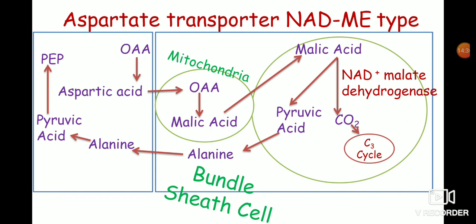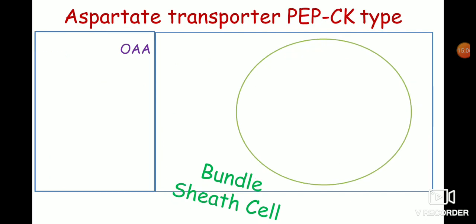So here the oxaloacetic acid converts to malic acid, then the malic acid undergoes oxidative decarboxylation forming carbon dioxide and pyruvic acid. So there is an indirect decarboxylation of the oxaloacetic acid in this type of C4 plants, and they are called NAD plus ME type plants.